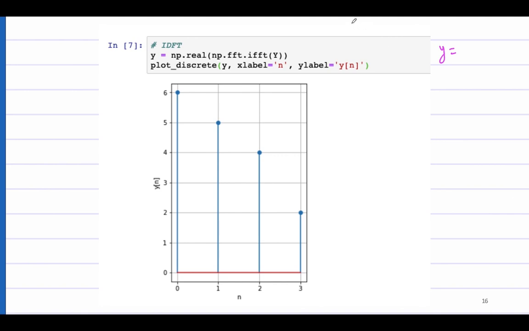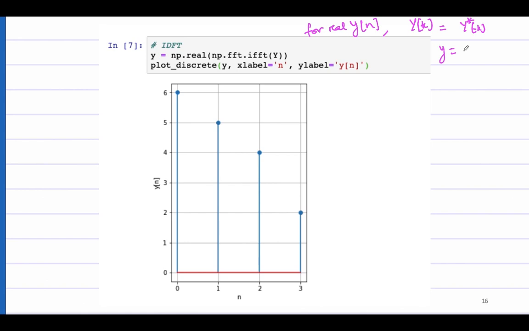So if my y[m] is real, then my Y[k] is equal to, I think there's a negative sign here, I'm not sure.